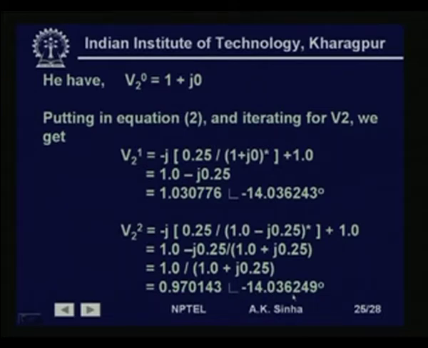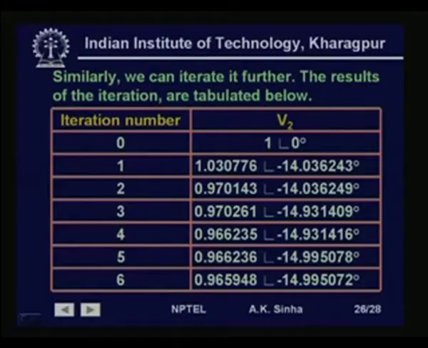If we now substitute this value of V2 for the third iteration, we will further get a modified estimate and so on. If we keep doing that, we will get the values after the third iteration as 0.970261 angle minus 14.93.